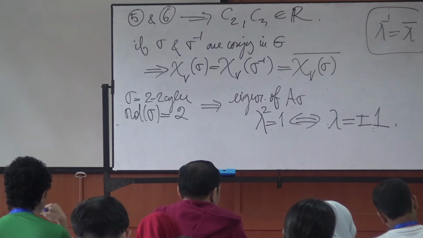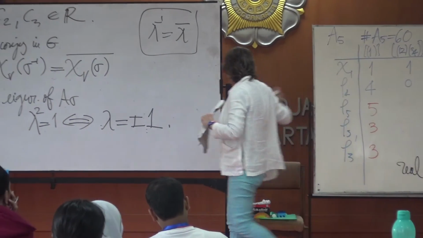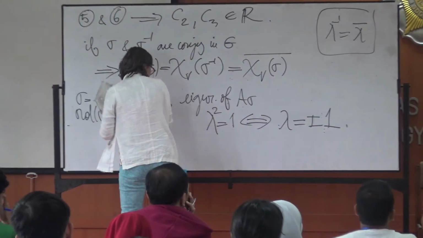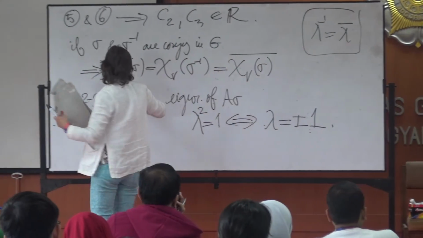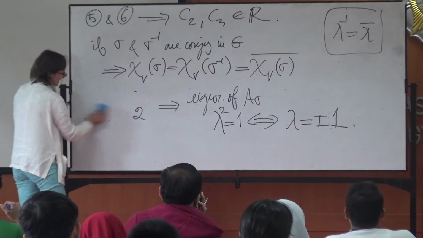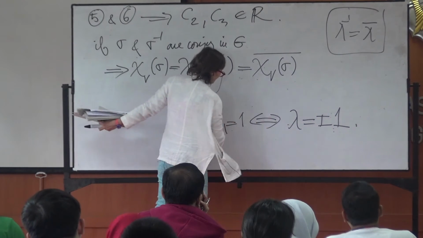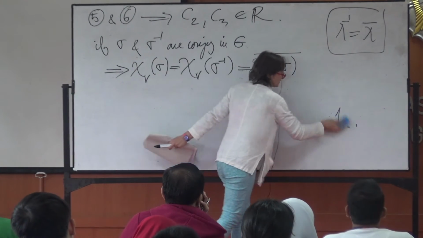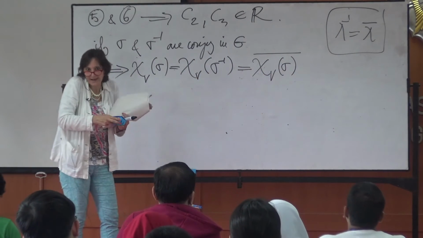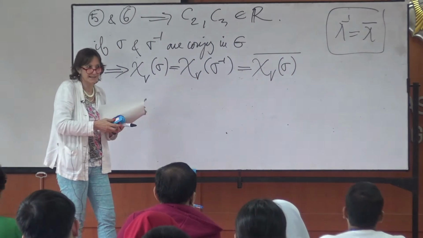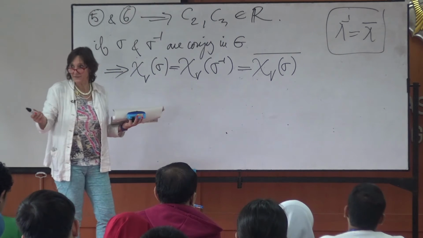Now we go to 3-cycles. Let's observe that the third column also has all real entries. We have just mentioned earlier that all 3-cycles are conjugate in A5. Since the inverse of a 3-cycle is a 3-cycle, every 3-cycle is conjugate to its inverse.